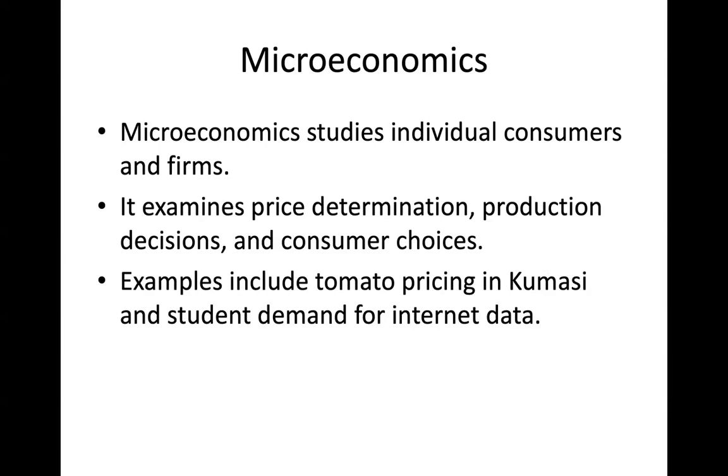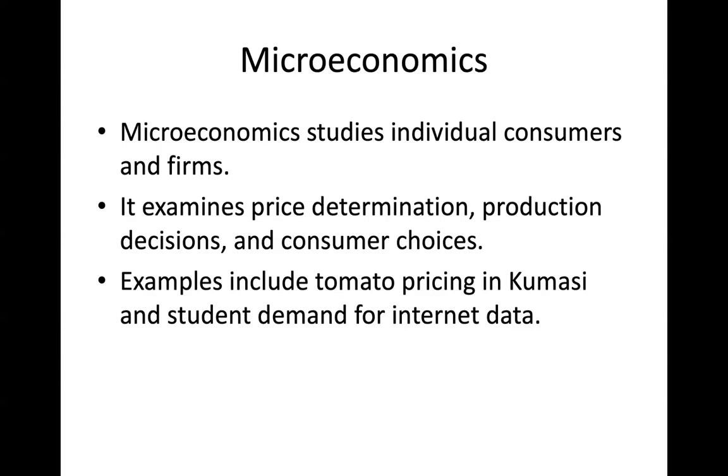It examines price determination, production decisions, and choice making of the individual consumer. For example, when you go to the market, the price of tomatoes that you buy is an example of a microeconomic decision.